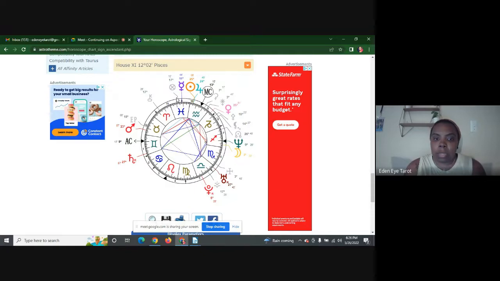But Mars in the 12th in general, in Taurus, I've seen it come out of quite a few currently. Mars in Taurus, Mars in the 12th can manifest a couple different ways.